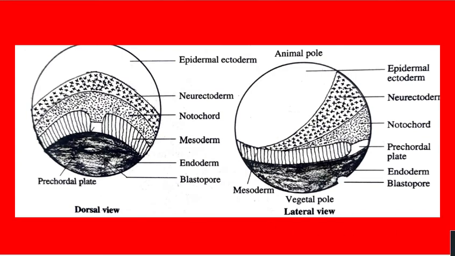So I told you this is the notochord, this is the precaudal plate, this is the endoderm, where this region is the pharyngeal endoderm. So it is this, and this is the blastopore. As you can see, this is the blastopore in dorsal view. So this blastopore is formed by the invagination of the endoderm, but this area, that is the prospective pharyngeal endoderm, will roll in through the blastopore. That is what was earlier mentioned.